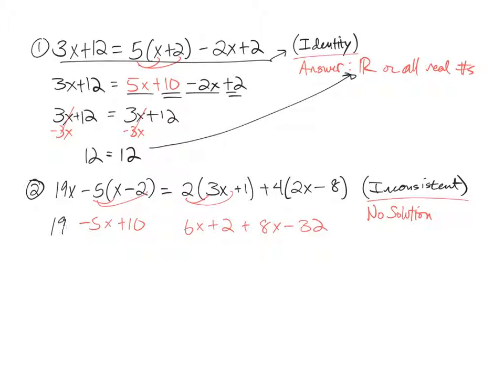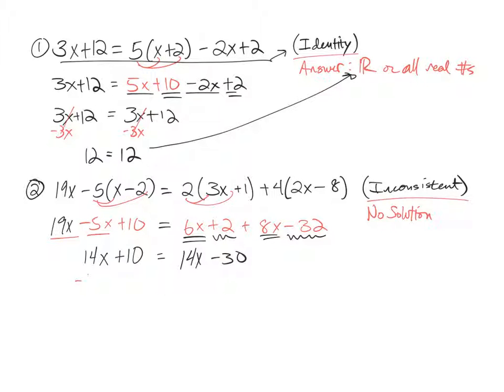Now we still have this 19x here and this equal sign here. So it looks like on the right side, we can combine these two things into 14x, and the plus 10, we don't have anything to combine with that. On the right side, I have 6x and 8x combined into 14x, and 2 and negative 32 combine into negative 30.